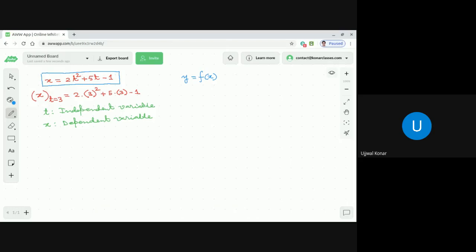That is the first condition. The second condition is that for a particular value of the independent variable x, you cannot get two different values of the dependent variable y. Under these two conditions, we define it as a function.